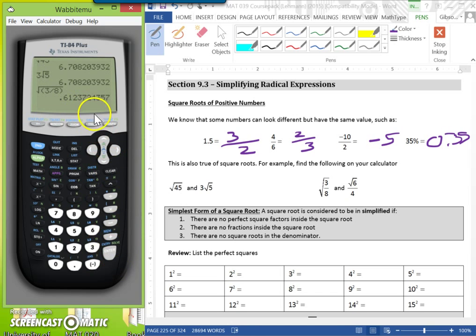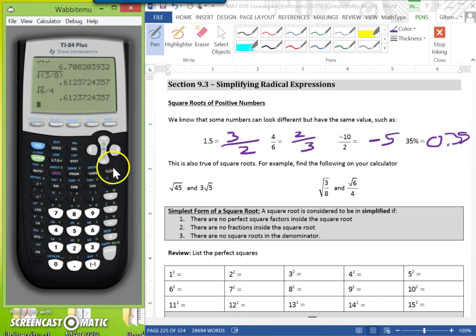And that will give us this decimal. Now we're going to do the square root of 6. And then you have to press this arrow button to get it from under the radical. And then we will divide it by 4, because the divided by 4 should not be under the radical. And it gives us the exact same answer.